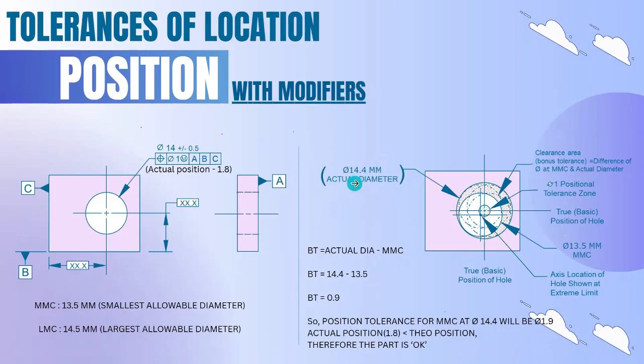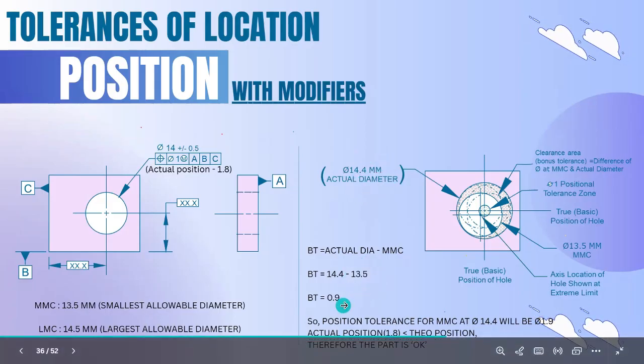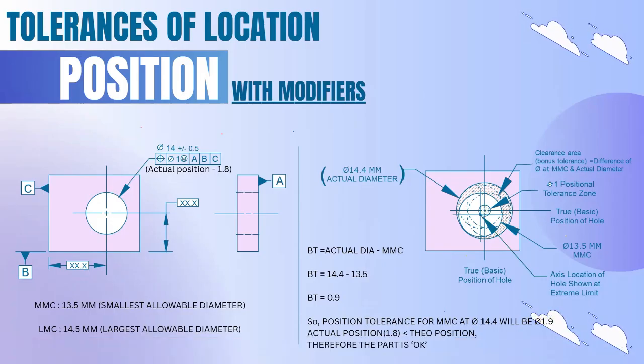If the diameter changes, then the bonus tolerance will change. For this 14.4 diameter, the bonus tolerance will be 0.9, and that 0.9 will be added to the GD&T tolerance. So the position tolerance for MMC at 14.4 will be 1.9. Therefore, the actual position is lesser than the theoretical position.